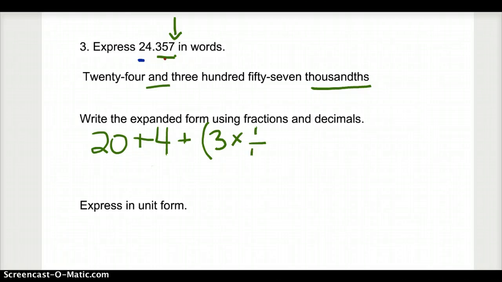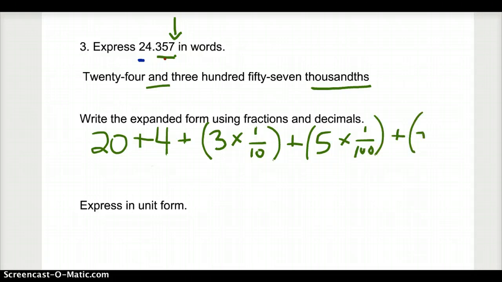So now instead of writing it as a decimal, I'm going to write it as a fraction. 3 copies of 1/10 plus 5 copies of 1/100 in the hundredths column, and then 7 copies of the 1/1,000 in the thousandths column. There it is in fraction form.